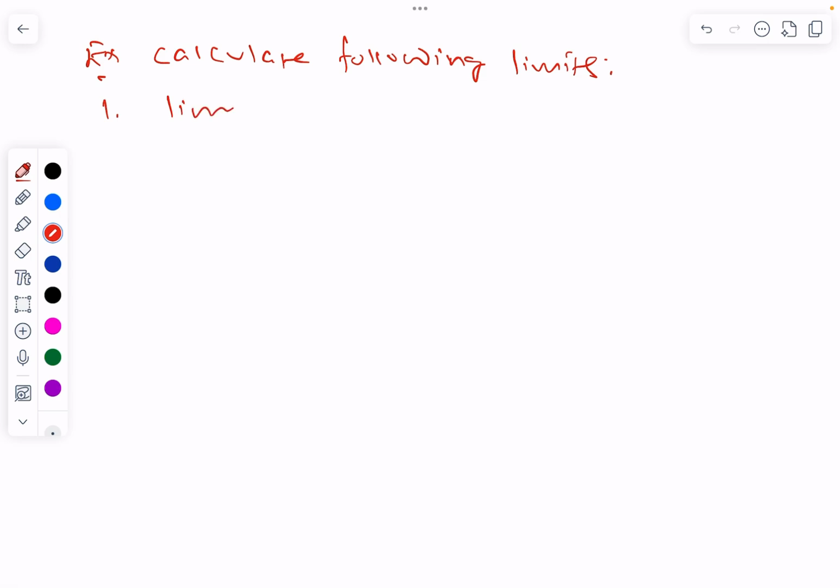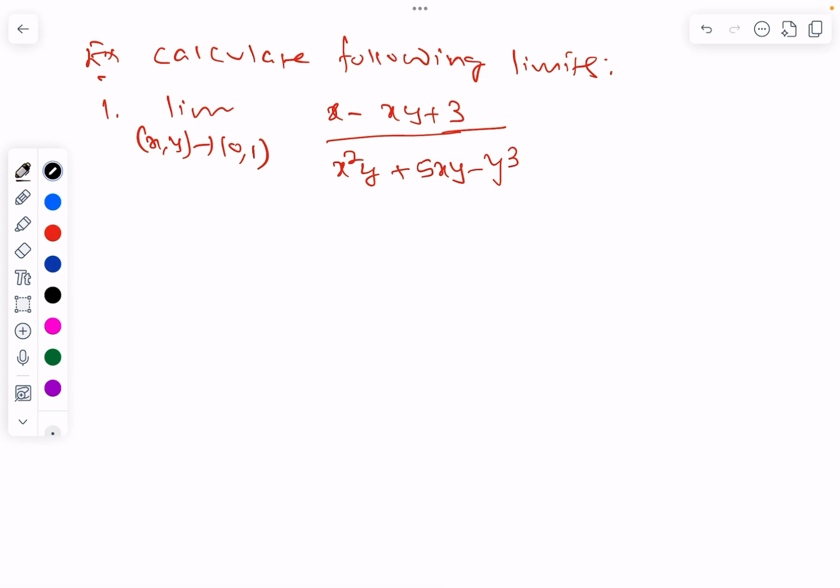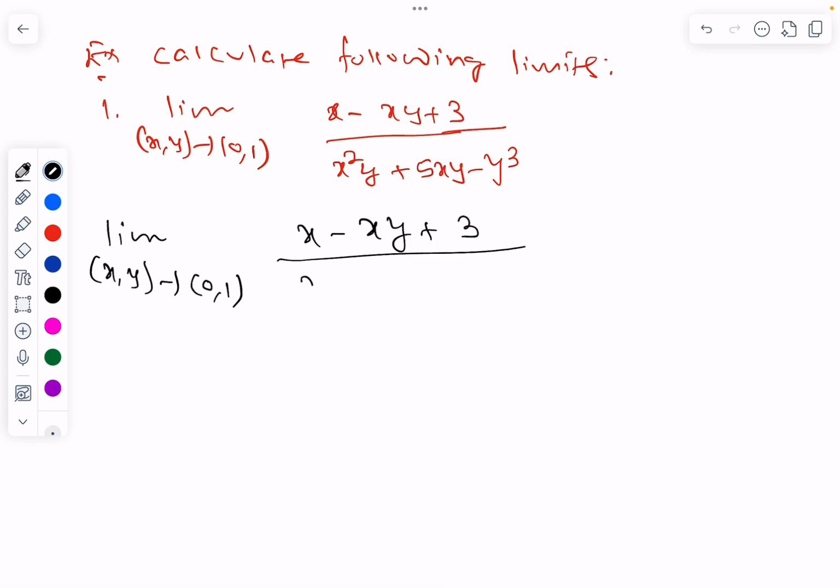Limit (x, y) tends to (0, 1) of (x minus xy plus 3) over (x square y plus 5xy minus y cube). So limit (x, y) tends to (0, 1), x minus xy plus 3 over x square y plus 5xy minus y cube.